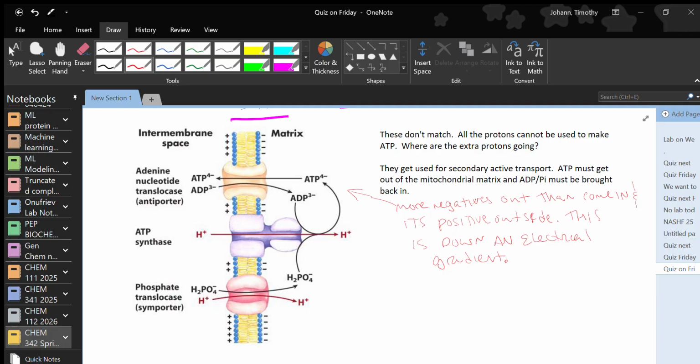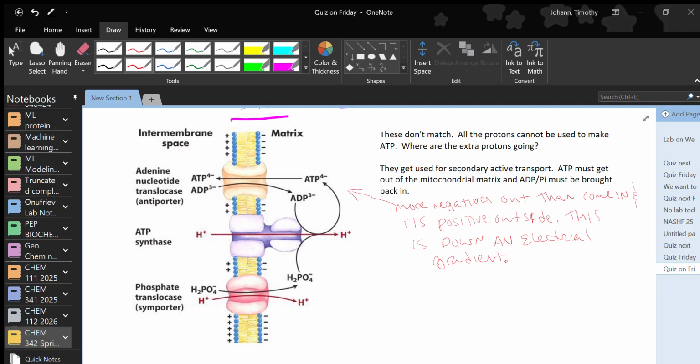Okay, so if we look here, so this we get for free. Not for free, we've made this gradient, right? But we're sort of degrading the gradient a little bit by putting some more negative charges out there. But here we need to bring a negative in, right? And it's more negative inside. All right, so to bring that negative in where it's more negative inside, we're going to need to go up an electrical gradient. And so this proton comes through.